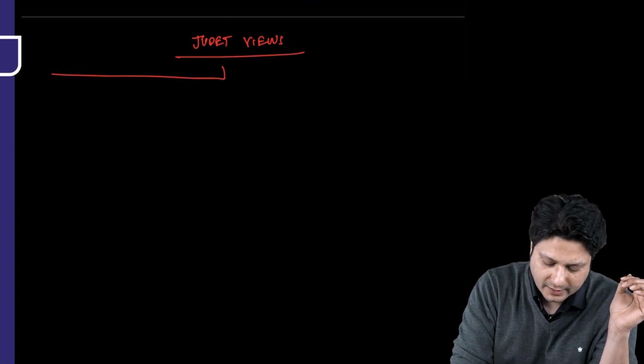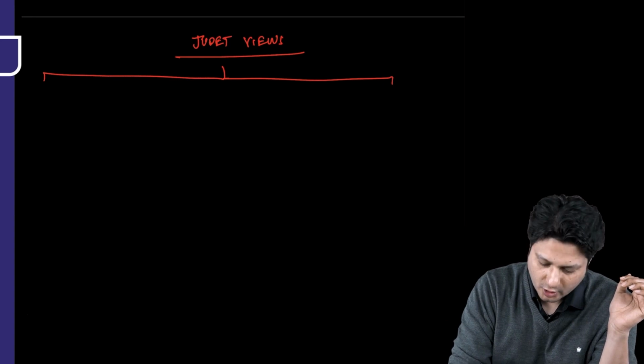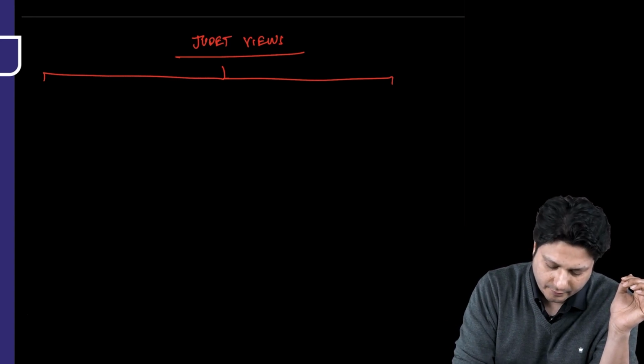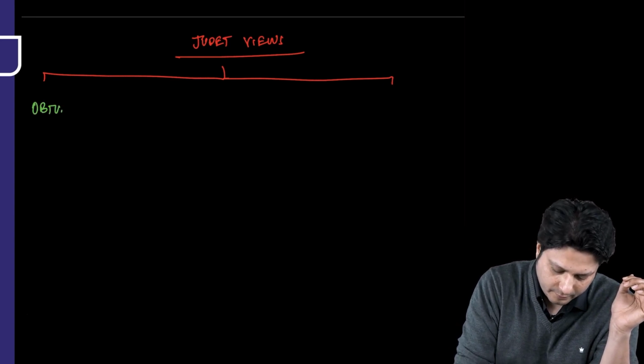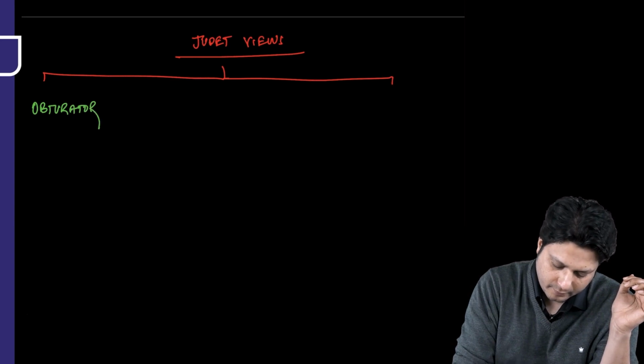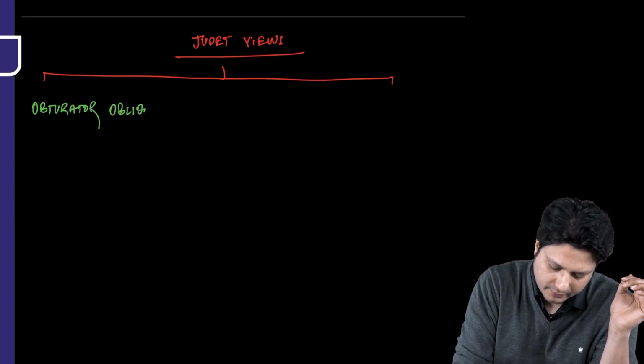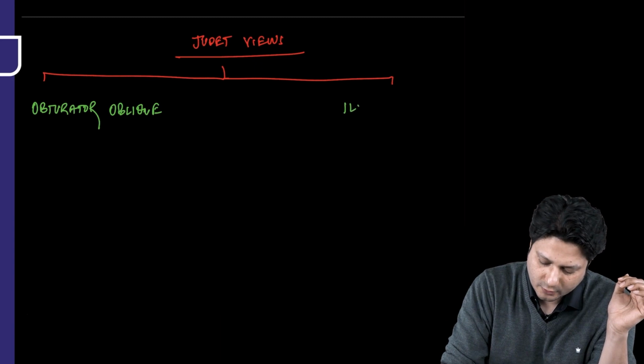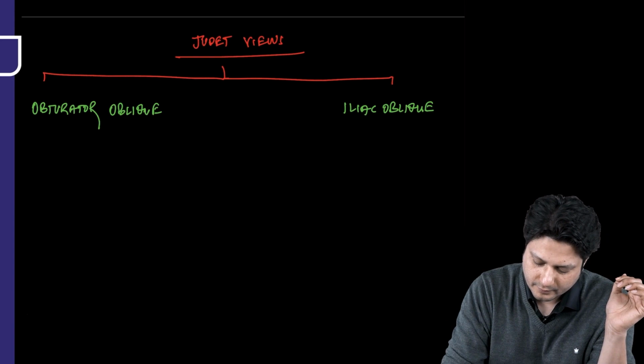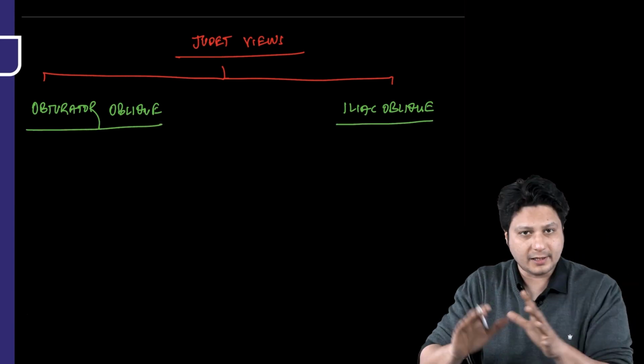Judith views are basically divided into two. One is obturator oblique and the other one is iliac oblique. So obturator oblique and the iliac oblique.